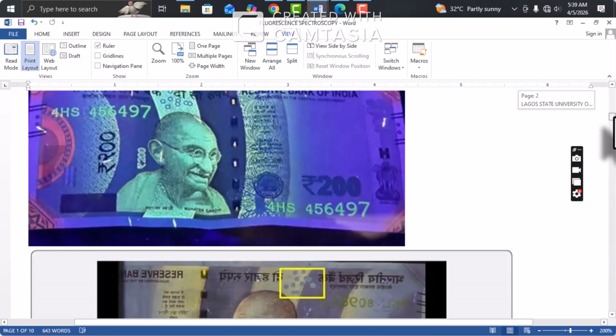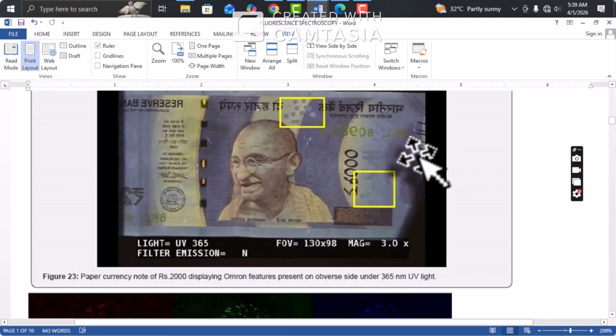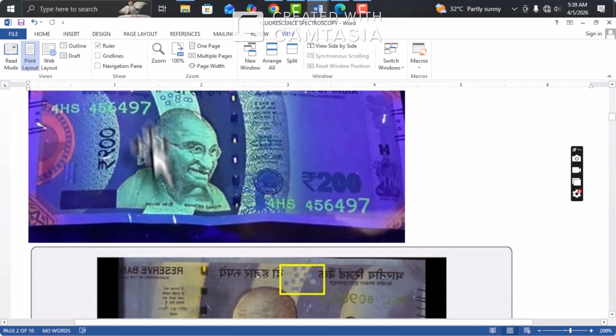For example, this is an Indian currency. You can see under normal white light, look at how it appears. But under UV light, you can see a glow. So there you have Mahatma Gandhi glowing green. You can see the green glow, and you can see the orange glow, or pink.